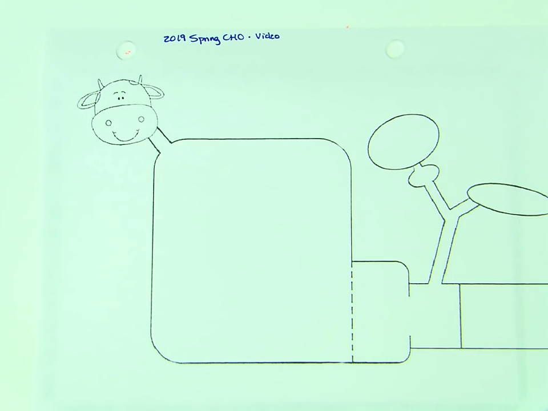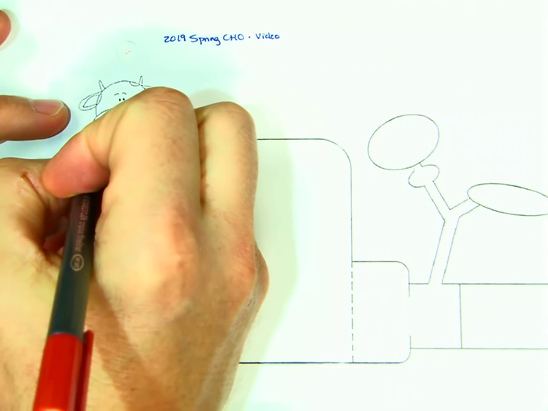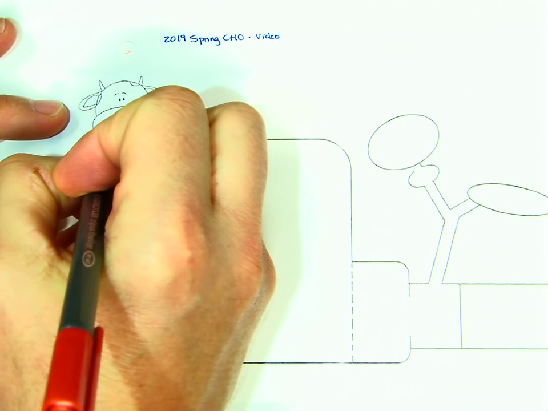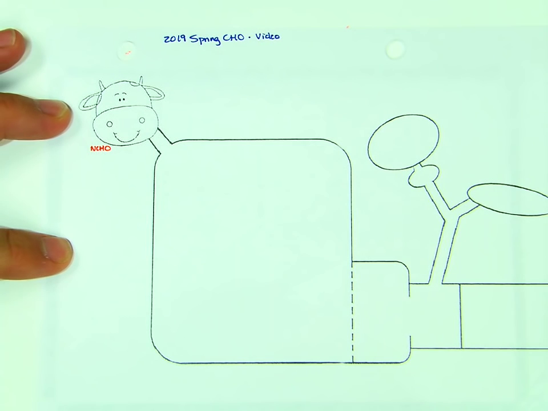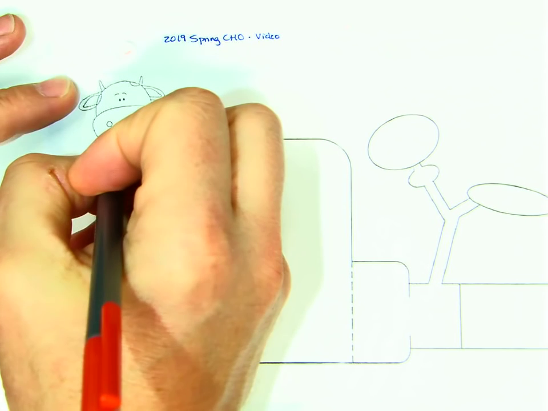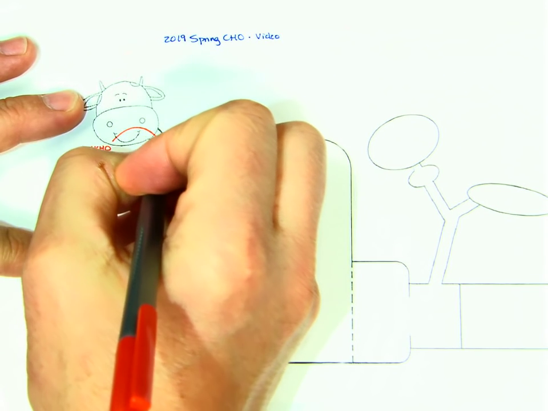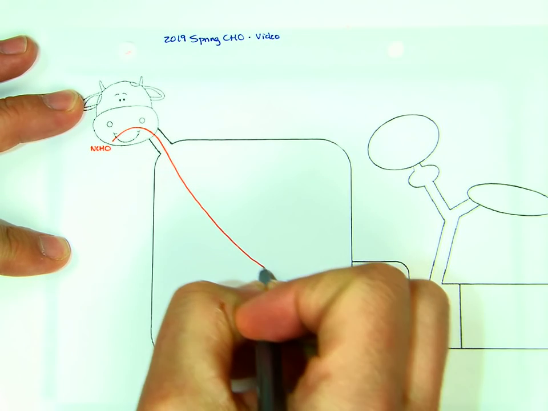Okay, so this will be the carbohydrate cow, and we will feed the cow non-structural carbohydrates first. So we feed our cow non-structural carbohydrates. Just make it go all the way through.